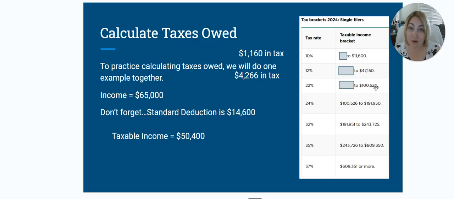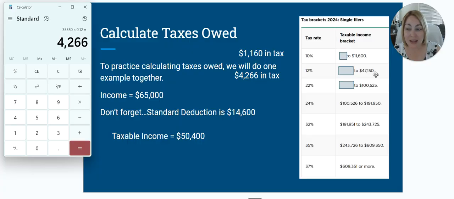So how do I figure out what I have left over? Well, $11,600 of my income is here, and then I have $35,550 of income here, which totals $47,150. Okay, so here's what we're going to do. We are going to subtract $50,400 and $47,150, and that's going to be how we figure out how much money is being taxed at 22%.